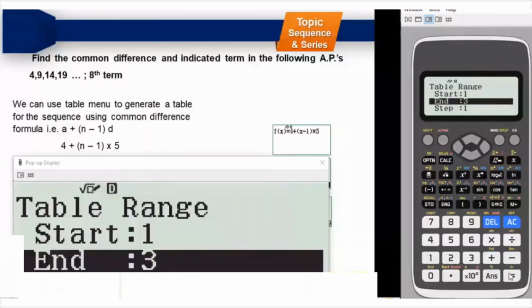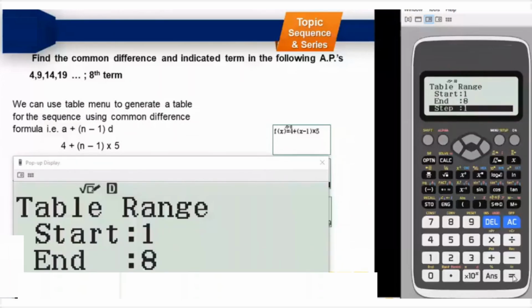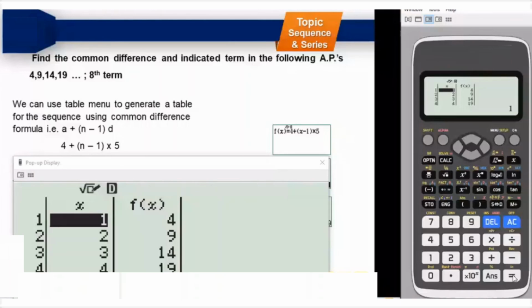So my n will be 8, and there will be a step of 1, because obviously first term, second term, third term, 8th term, that is what we need to find, and I will press equals. And I will scroll down to 8, and I realize the 8th term is 39.